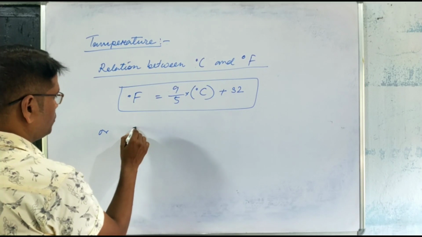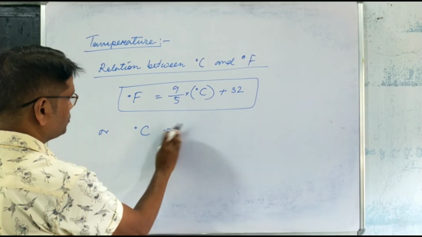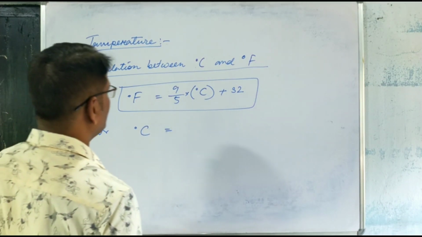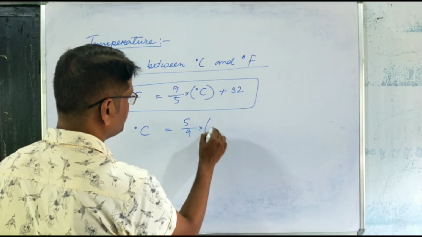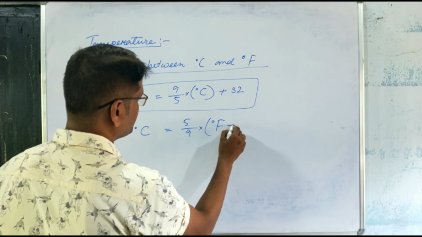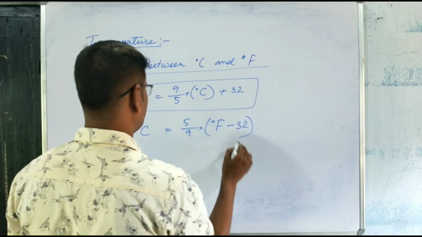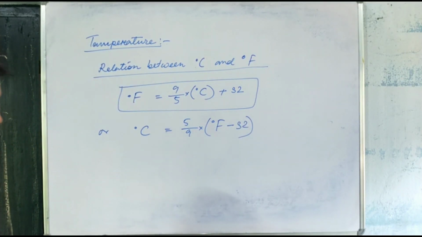Or we can write it this way also. Degree Celsius is equal to 5 by 9 into degree Fahrenheit minus 32.